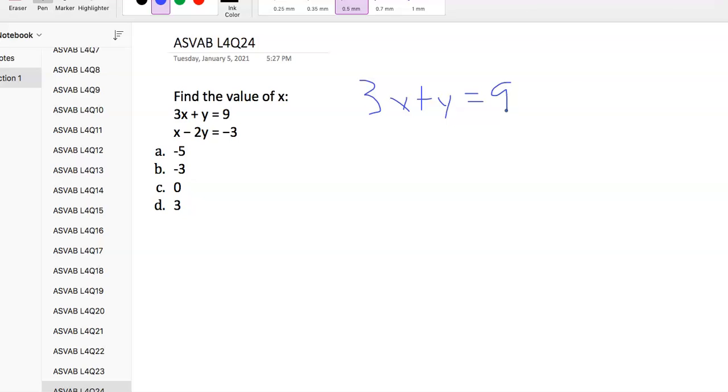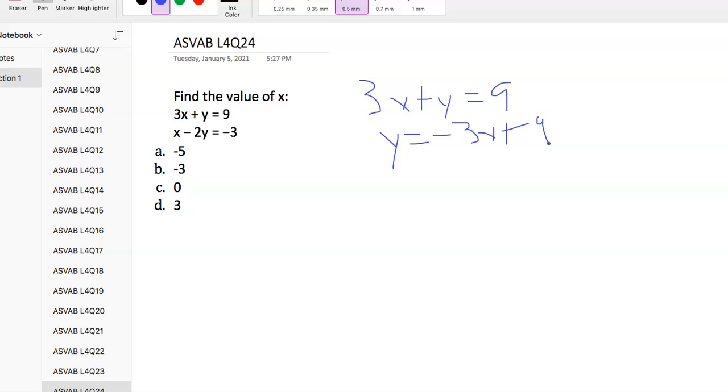So if you subtract 3x from both sides, then we can get y by itself, right? And just say y is -3x plus 9.